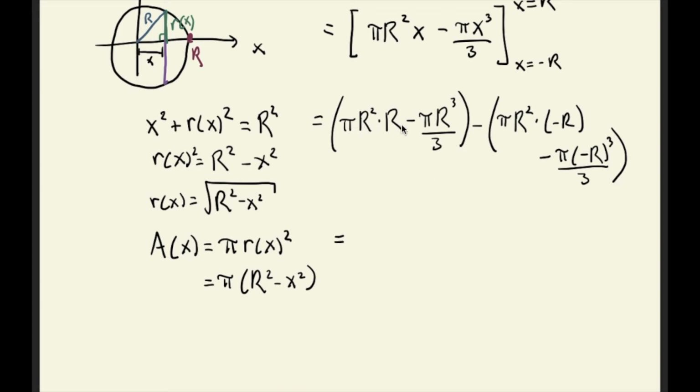Okay, so this is pi r cubed minus pi r cubed over 3. You're going to get 2 pi r cubed over 3.